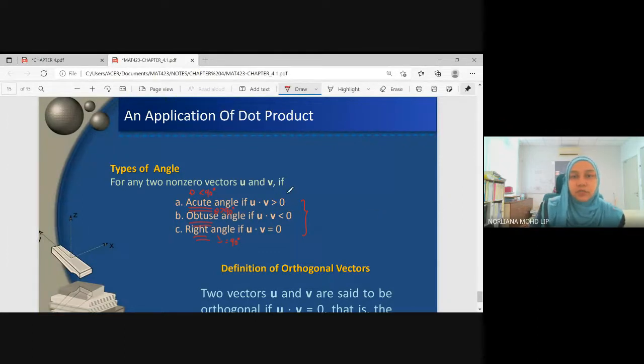You can also use this formula for U dot V. If greater than 0, acute. Less than 0, obtuse. Equal to 0, it is a right angle.